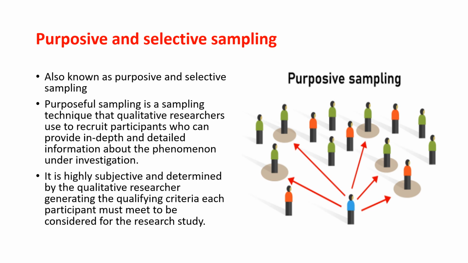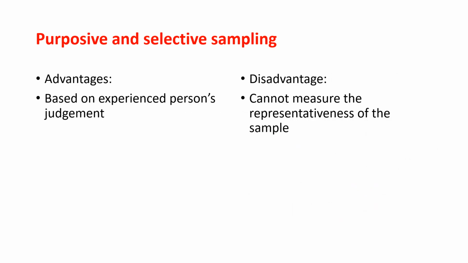Supposing I want to study the adolescent health program and problems in a rural community. Obviously, for this purpose, I will select the adolescent members of the family when I am visiting the community. Why? That is being purposeful, because they are the persons who are my point of interest.